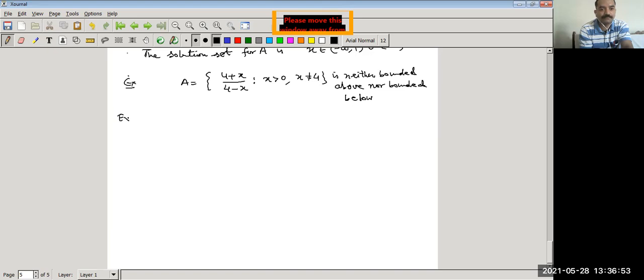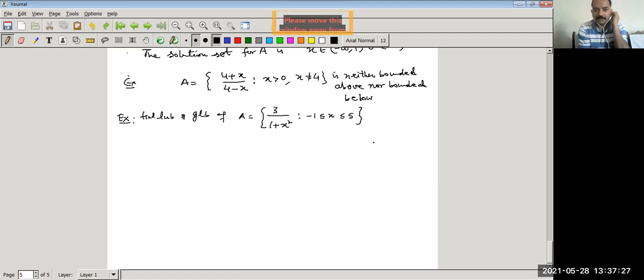Find LUB and GLB of the set A equal to 3 upon 1 plus x square, such that x is greater than or equal to 1 and less than or equal to 5.